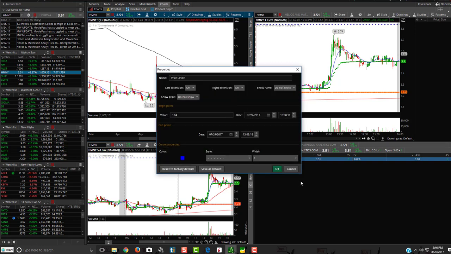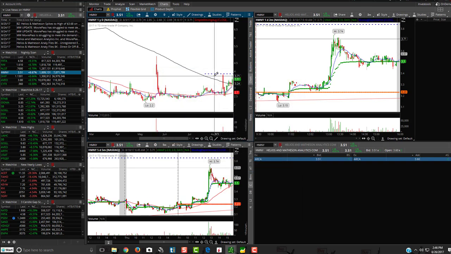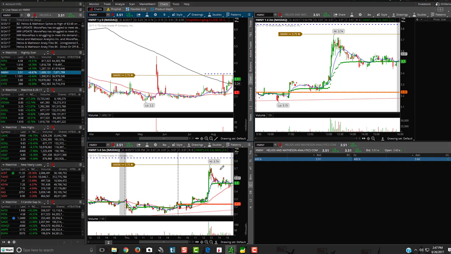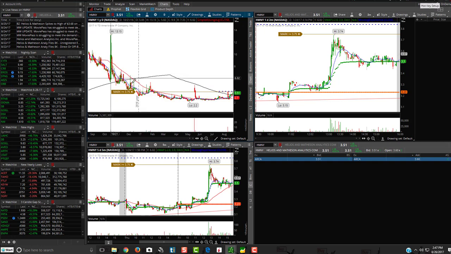I'm going to put an alert there as well. So you want to see if price will break that. If it breaks that 385 marker, it could potentially fly. But again, you can see this thing has a history of pumping and dumping, but it's still falling down.